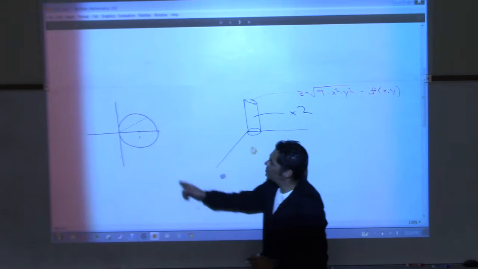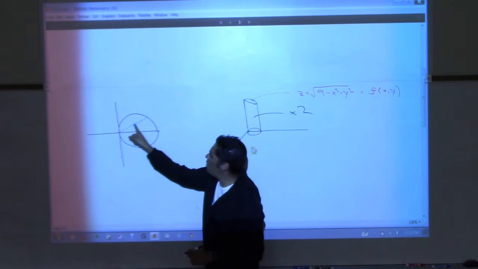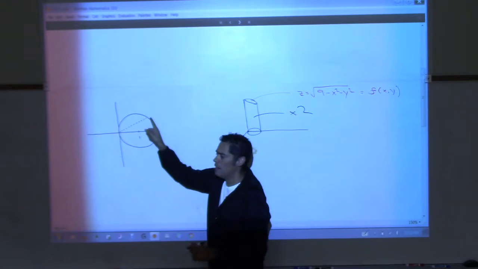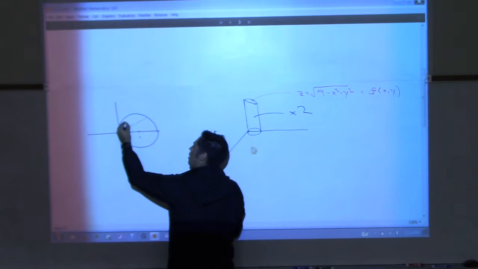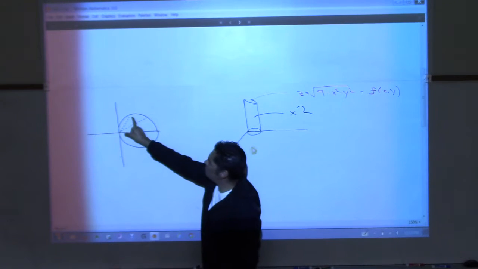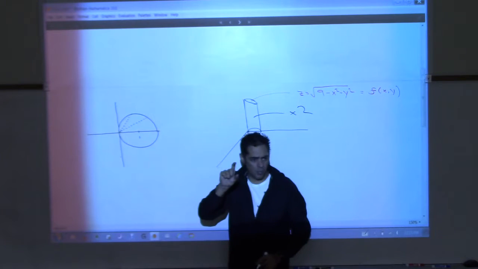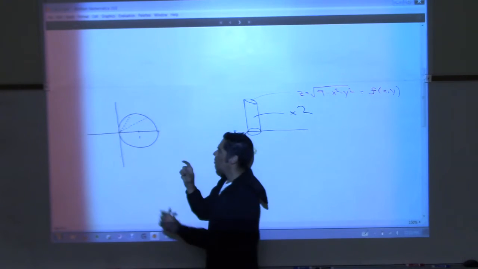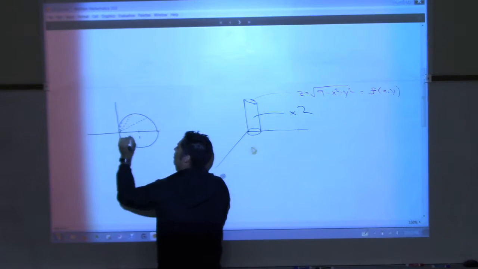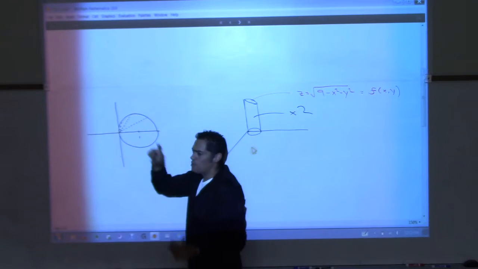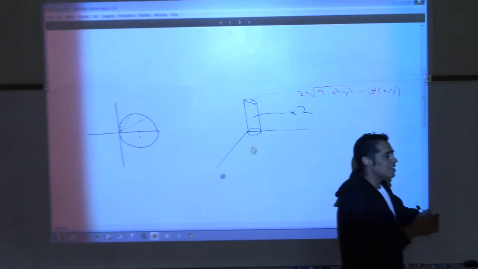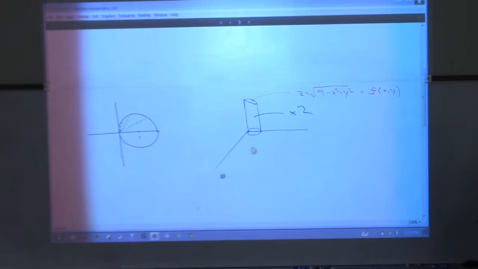Your radius is between 0 and whatever that distance is, right? But if your angle is, let's say, here, now your radius is between here and here. It's become shorter, right? Here to here, same thing. Change the angle, the radius changes. So the radius is a function of theta.